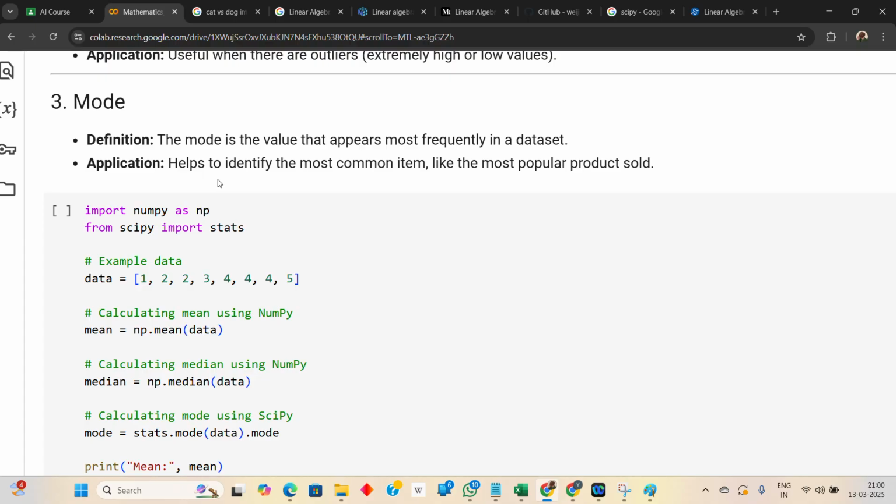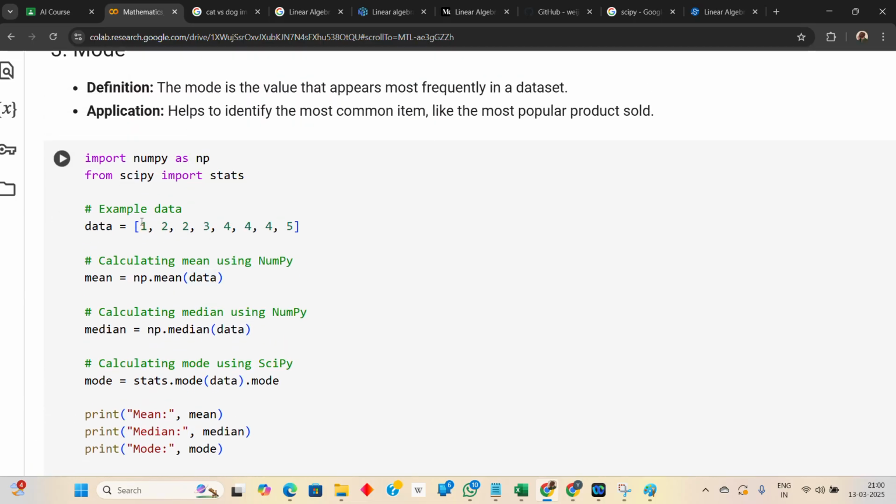Let us consider 67 is the age where more COVID patients were there, or a range such as 67 to 80 or 46 to 80, where more COVID cases are on record. In such situations, mode helps identify the most common item.